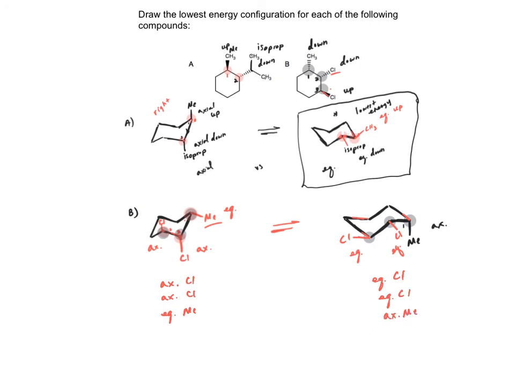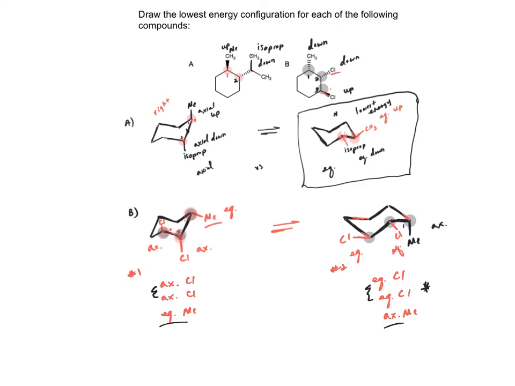So we'll say this guy is number 1, this guy is number 2. In number 1, we had 2 things in the axial position and 1 in the equatorial. Here we had 2 things in the equatorial, only 1 in the axial. And if we're looking for the lowest energy conformation, we want things to be in the equatorial. So you would say, oh, you have 2 things in the equatorial, so this must be lowest energy, right?